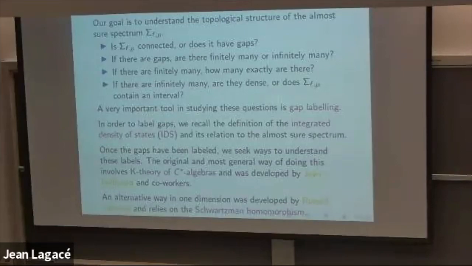This will also be a way to interpret the numbers that you see here when you do the gap labeling. Okay, so I talked a little bit about K-theory of C-star algebras, but that will be the end of it. I apologize for that. The rest of the lecture today will be devoted to the gap labeling theorem based on the Schwarzman homomorphism, and tomorrow I'll do examples.